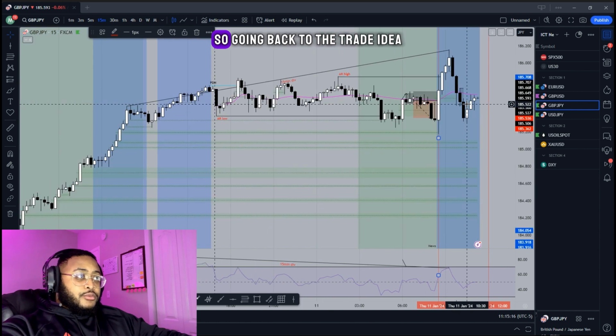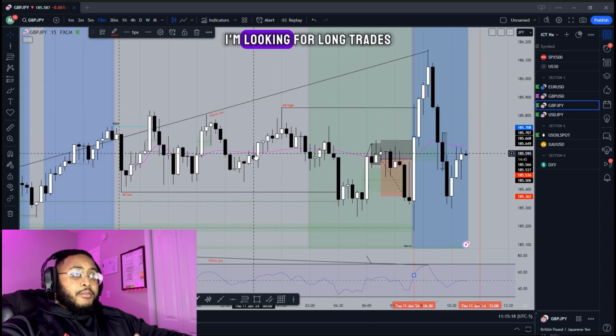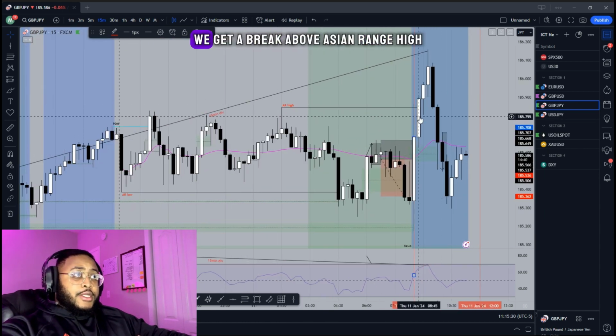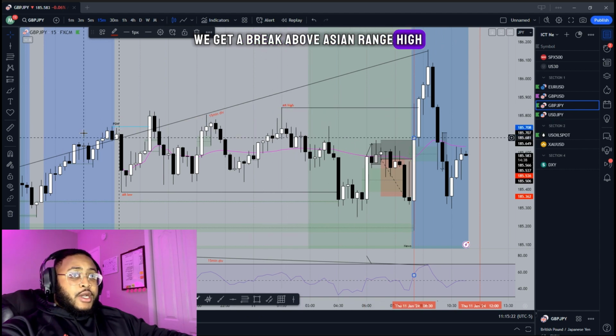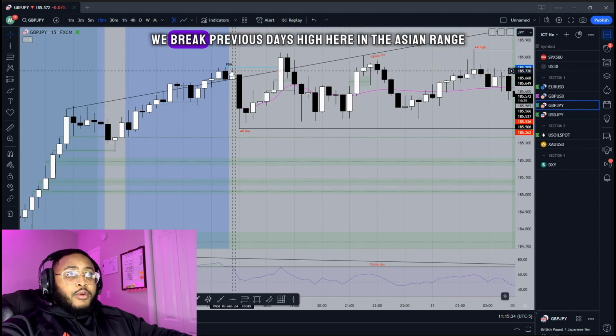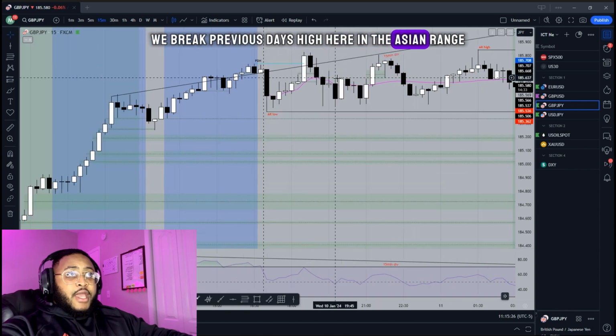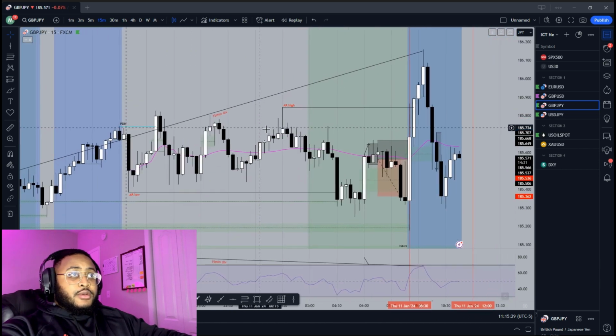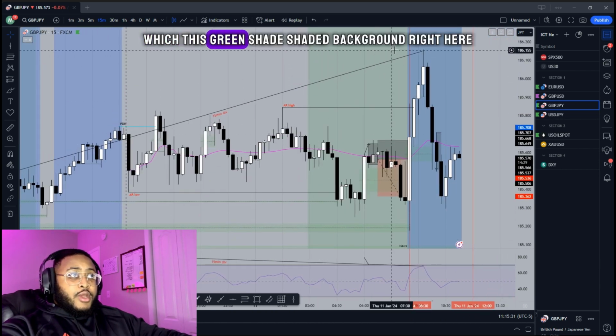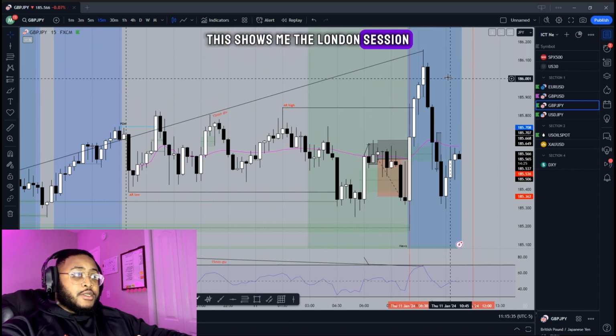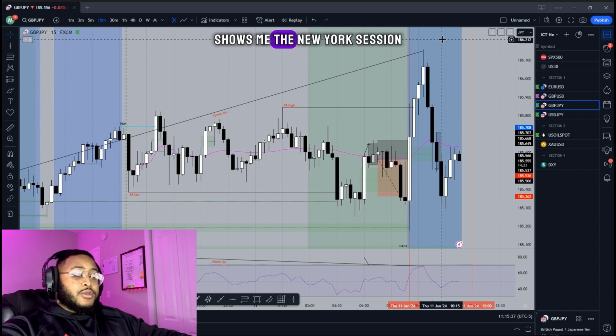So going back to the trade idea, I'm looking for long trades. We get a break above Asian range high. We break previous day's high here in the Asian range. This green shaded background shows me the London session, and this blue shaded background shows me the New York session.